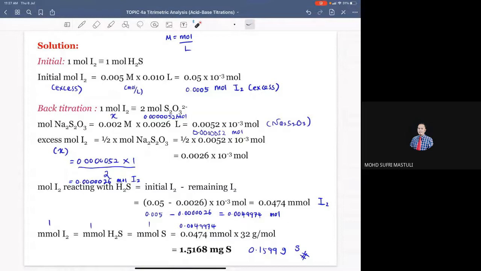Millimole meaning that milli. Hmm. This one is correct.